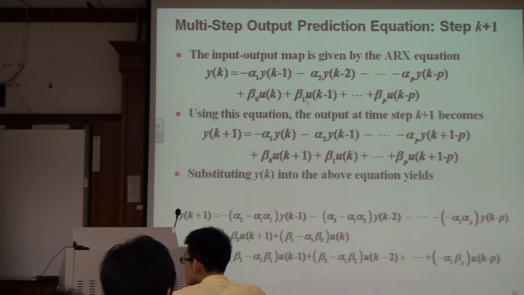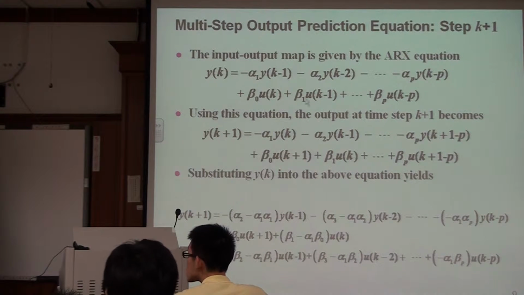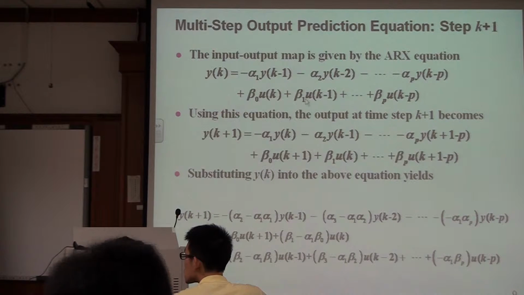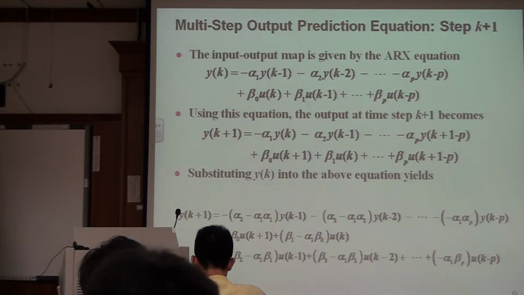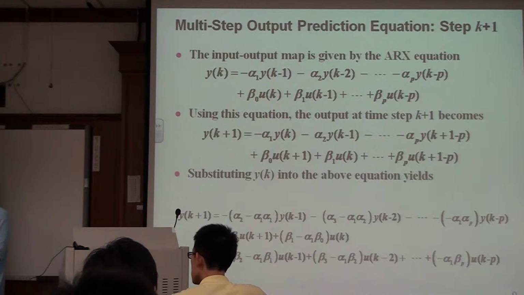The beta 0, beta 1, beta p are rectangular matrices. Their dimension is m by r, where r is the number of inputs.